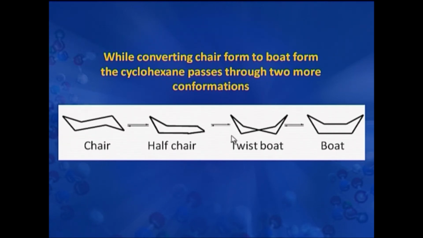Whereas the twist boat conformation is slightly more stable than boat conformation, because due to this twisting, some of the flagpole interaction is reduced and some of the hydrogens which were eclipsed, their eclipsing is partially reduced. So, twist boat conformation becomes more stable than the boat.